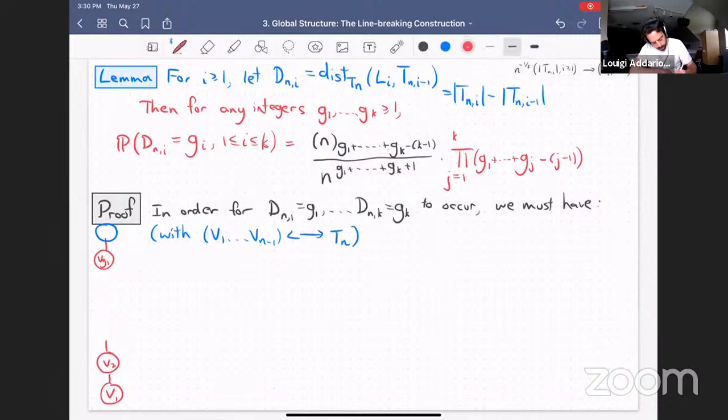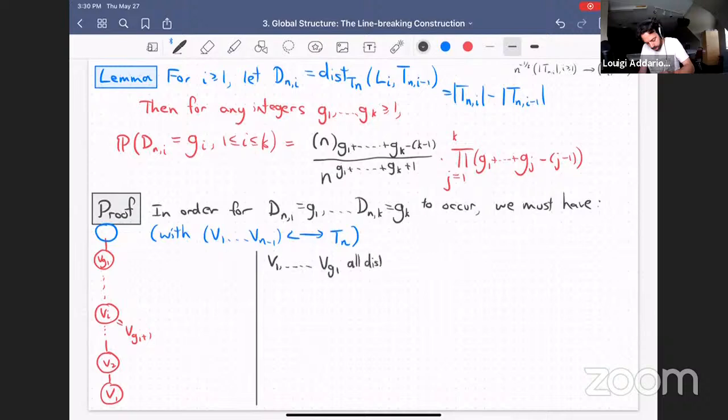So somewhere down here there was vi, and that's also equal to vg1 plus 1. That's the first thing that has to happen in order to have the first branch having length g1. Let me start to do a bit of bookkeeping of what must happen. So v1 up to vg1 should all be distinct, and then we need that.